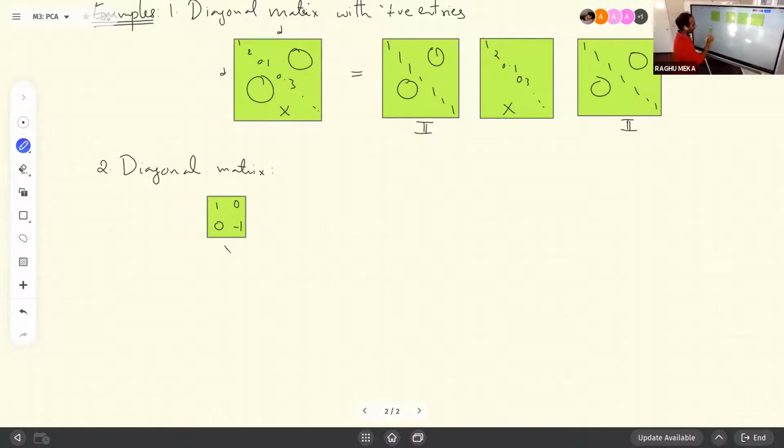Okay, so this is my x. How can I get a singular value decomposition for that? Any guesses? I can't do the same thing that I did before, because if I use x as sigma, sigma has to have positive or non-negative entries, and that wouldn't satisfy the condition. So what can I do to fix that? Any suggestions? Could you change the sign of either the U or V matrix? Exactly, right? So let's do that.